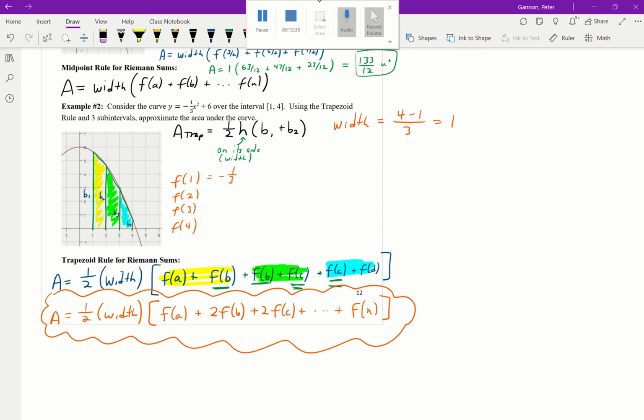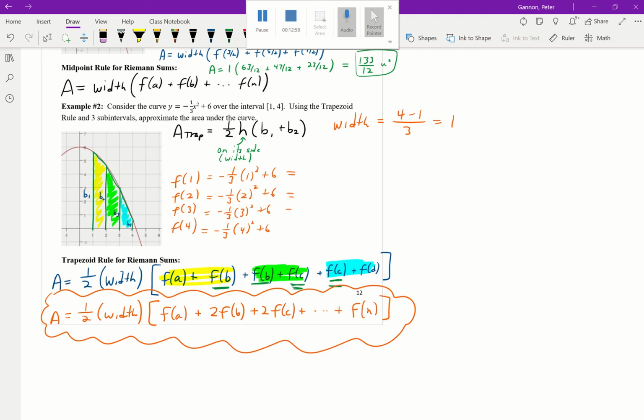So we have negative 1/3 times 1 squared plus 6. Over here, negative 1/3 times 2 squared plus 6. Negative 1/3 times 3 squared plus 6. And negative 1/3 times 4 squared plus 6.